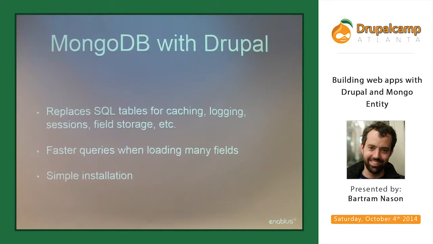So if you enable the Mongo field storage module with Drupal 7, it will take your nodes and write all the fields to the Mongo database instead of the SQL database, which is great. If you're looking for a very quick performance boost, especially if you have a situation like I was just talking about, where you have 200 fields on a node type and you are getting slammed by the server because it's a pain to load all that stuff, the MongoDB field storage module is great right out of the box.